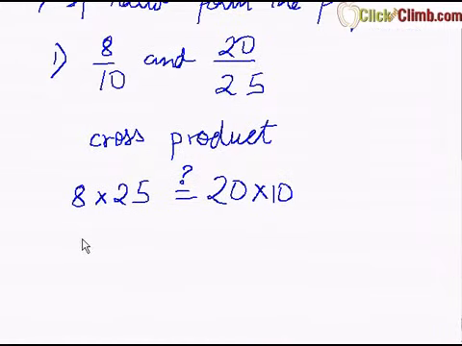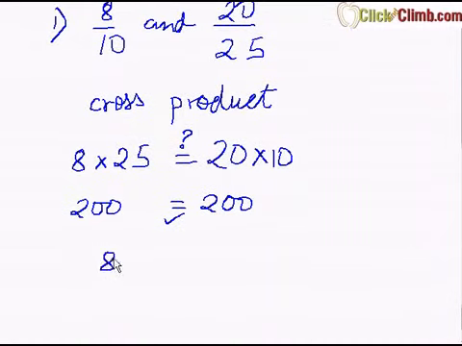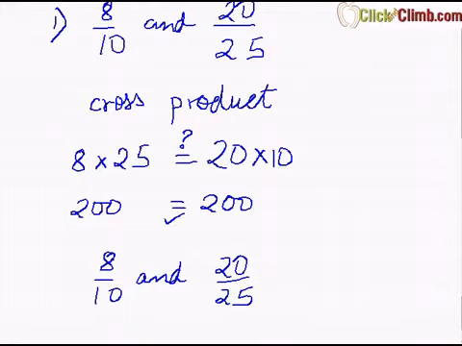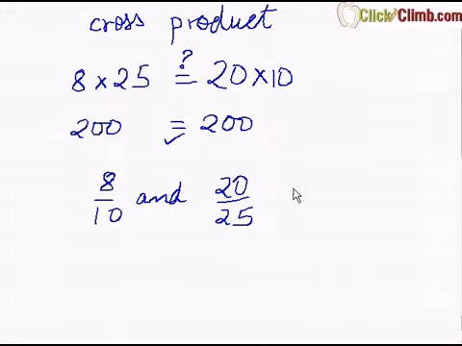So 8 times 25 is 200 and 20 times 10 is also 200. So we can see that yes, 200 and 200 are equal. So 8 over 10 and 20 over 25 are the same ratio. That means the two ratios 8 over 10 and 20 over 25 form a proportion.